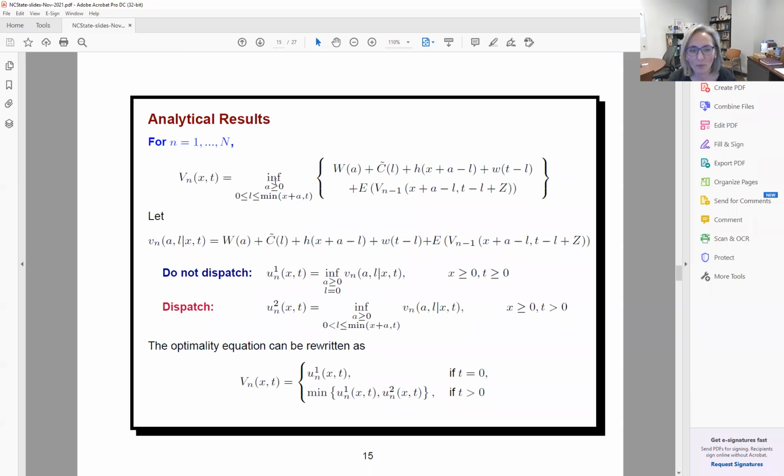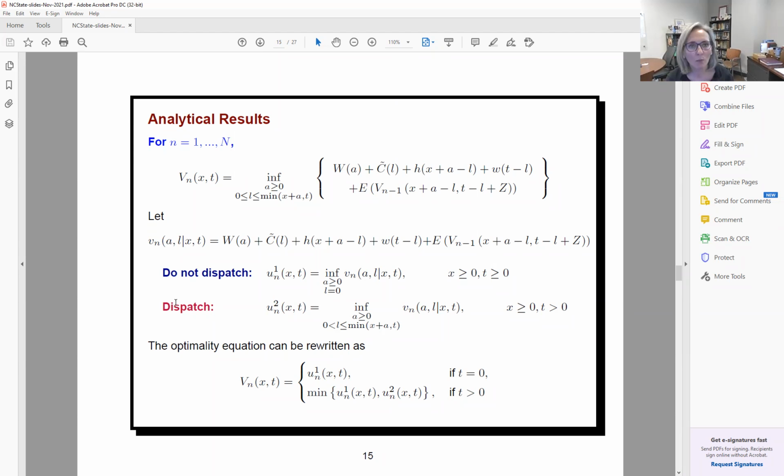This is the infimum operator, equivalent to minimizing the cost function. Okay, and with this notation, I look at two cases and I say to myself, since this is a difficult problem to solve, let me try to decompose the problem in an arbitrary period in a meaningful way.